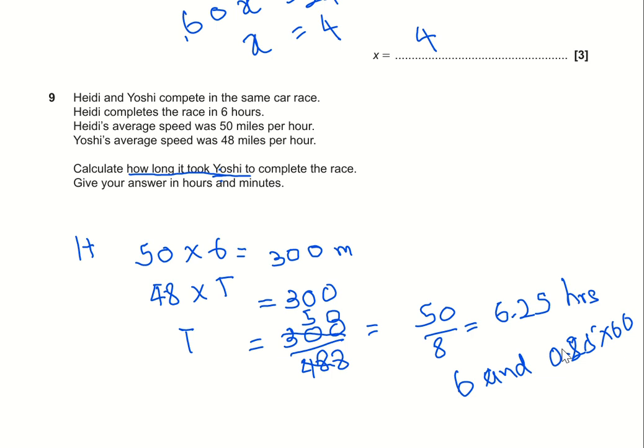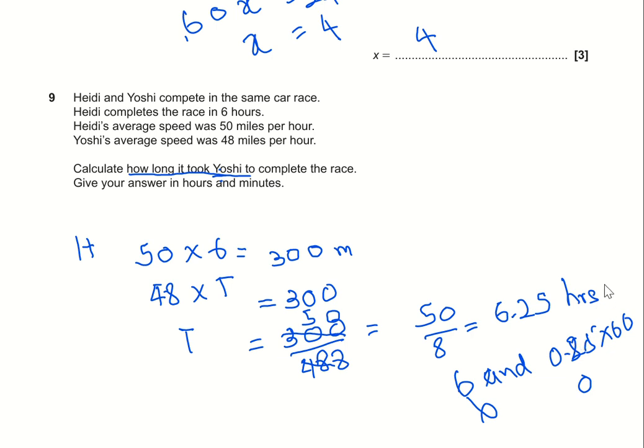So I'm going to times by 60. 6 hours and 0.25 times 60. 25 times 4 is 100. 25 times 6 is 150.